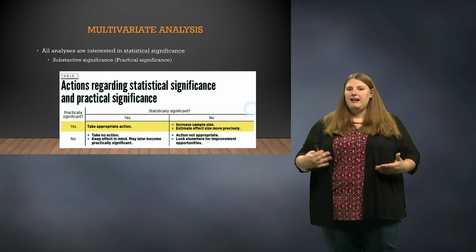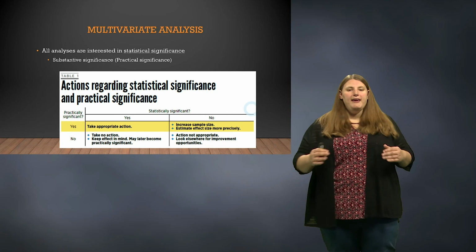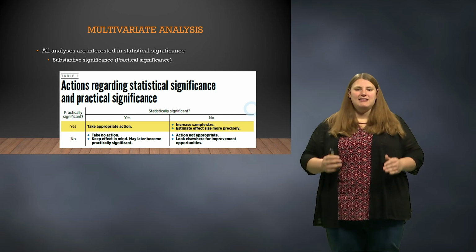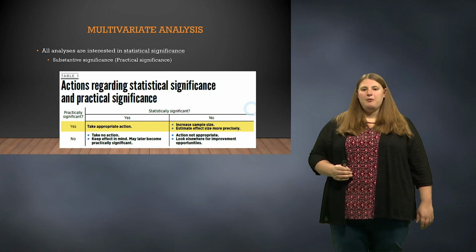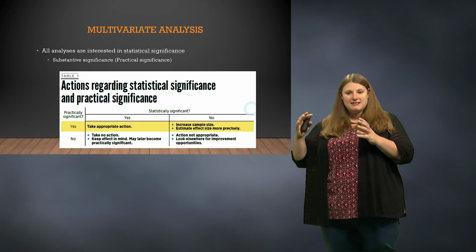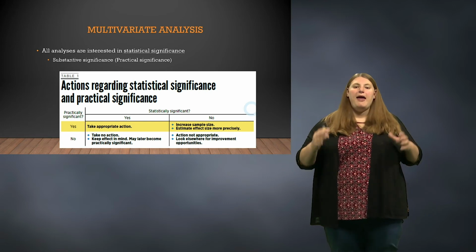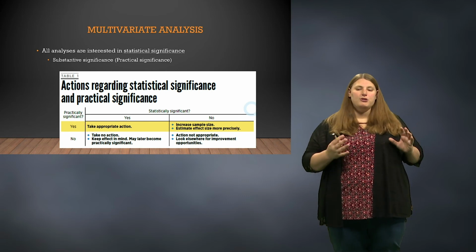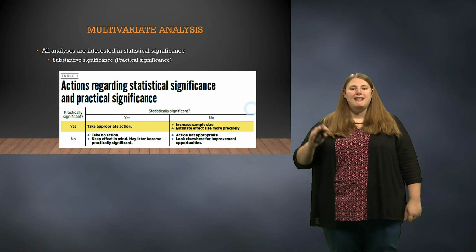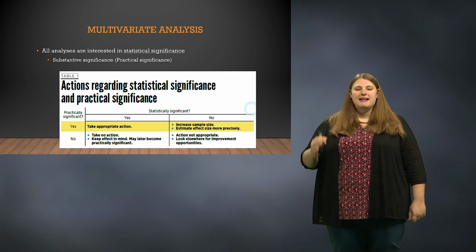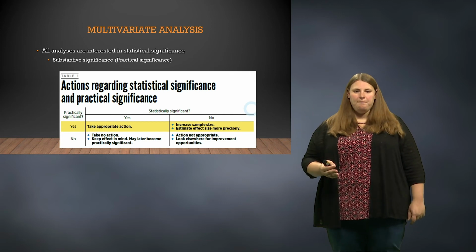Given enough data and enough analysis manipulation, we can make almost anything statistically significant. So as a critical consumer, I want you to keep in mind the difference between statistical significance and practical significance, or substantive significance, as your textbook calls it. Just because something is statistically significant doesn't mean it should be taken as important.